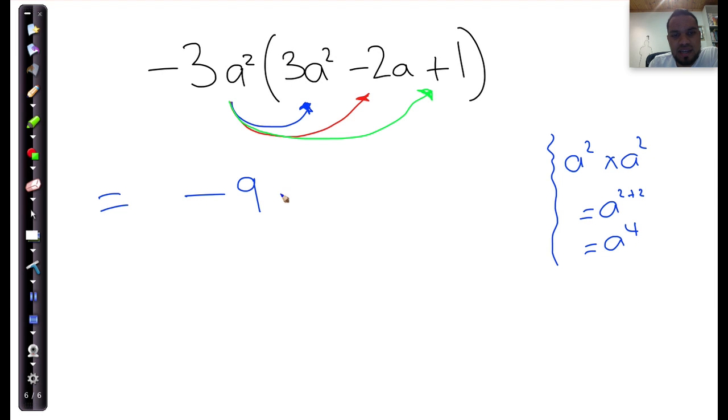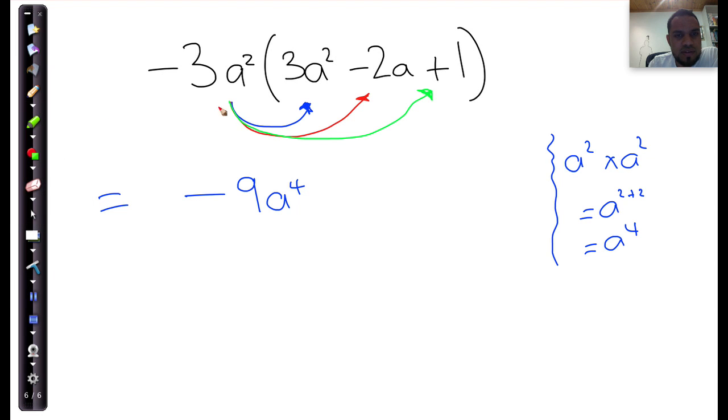Because the bases are the same, so that's going to be 9a to the power of 4. That's the blue part. Negative times positive, negative. 3 times 3, 9. A squared times a squared, a to the 4.